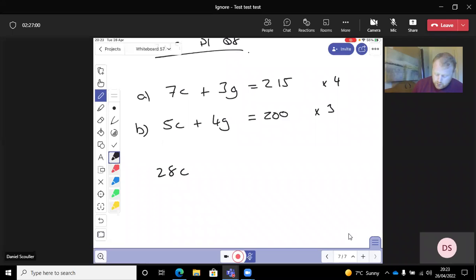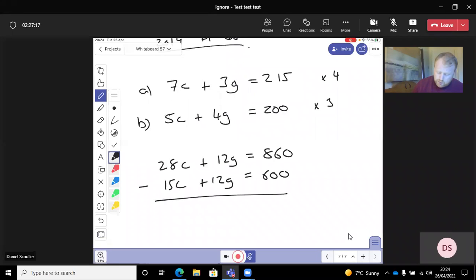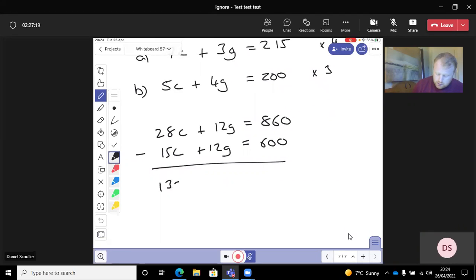So that top one becomes 28C plus 12G equals 860. Bottom one becomes 15C plus 12G equals 600. You're going to subtract the bottom one from the top to get 13C equals 260.